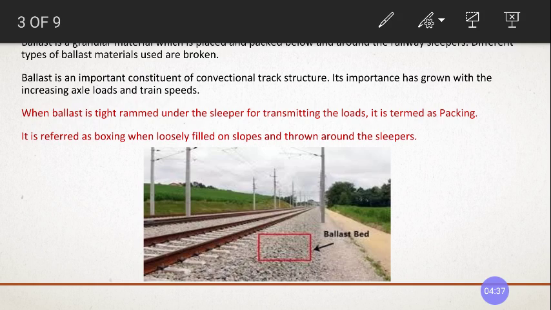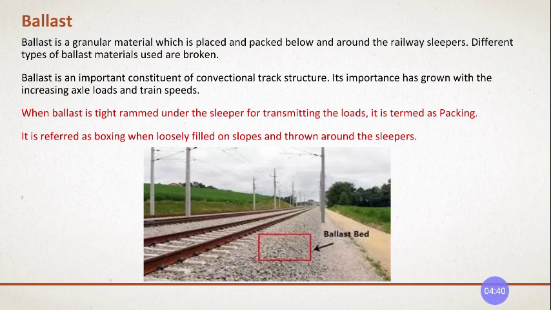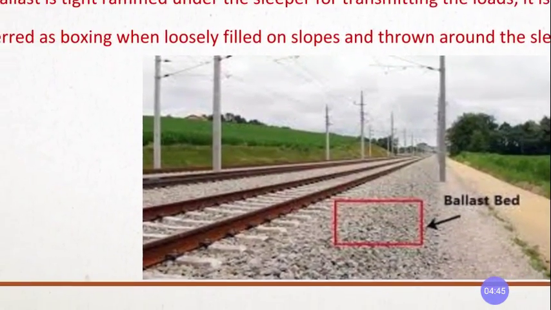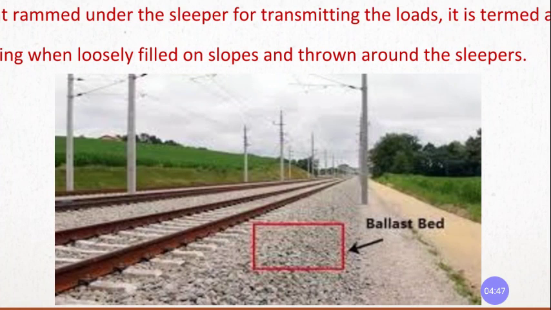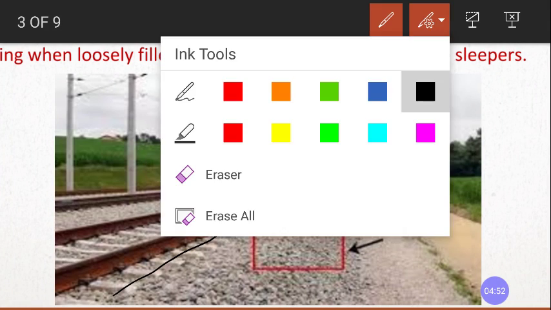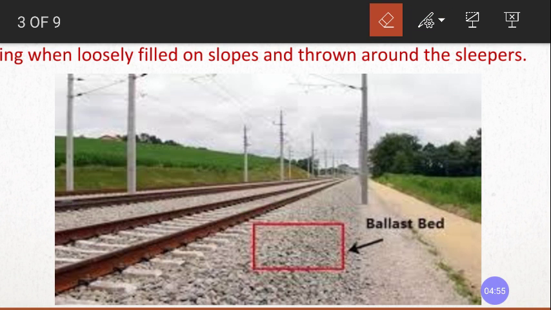Can you see this? If you see this image, whatever is in between on this side of the rail, this is the end of the rail, and that side also you have the end of the rail. Whatever is placed in between the sleepers, you can see here and here between the rails also, that packing is done with consolidation.